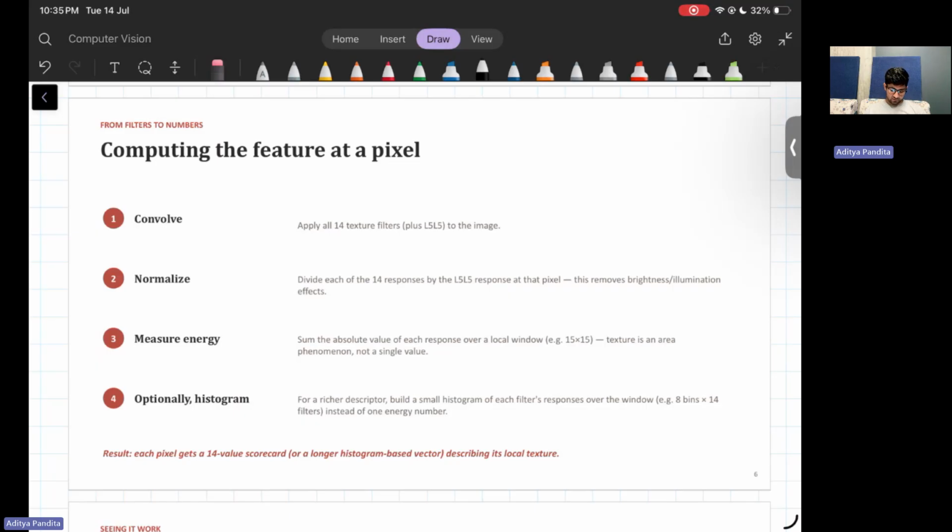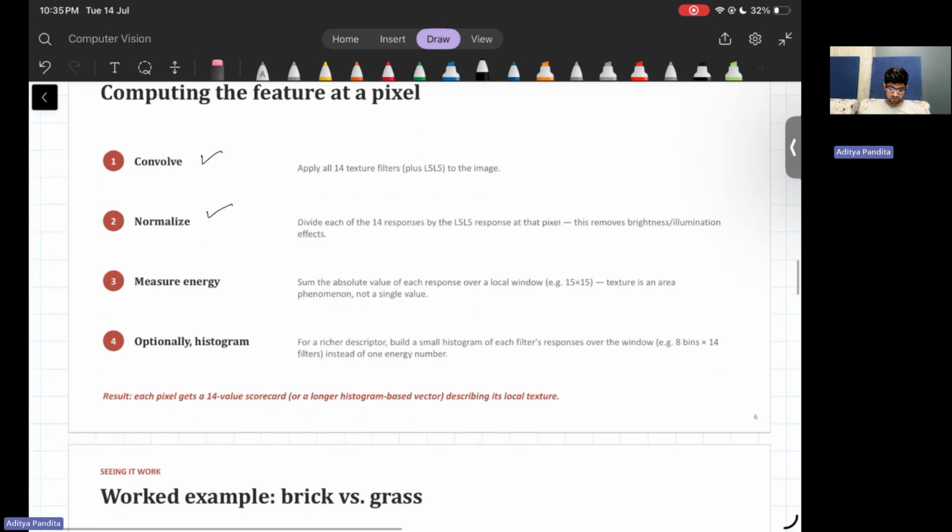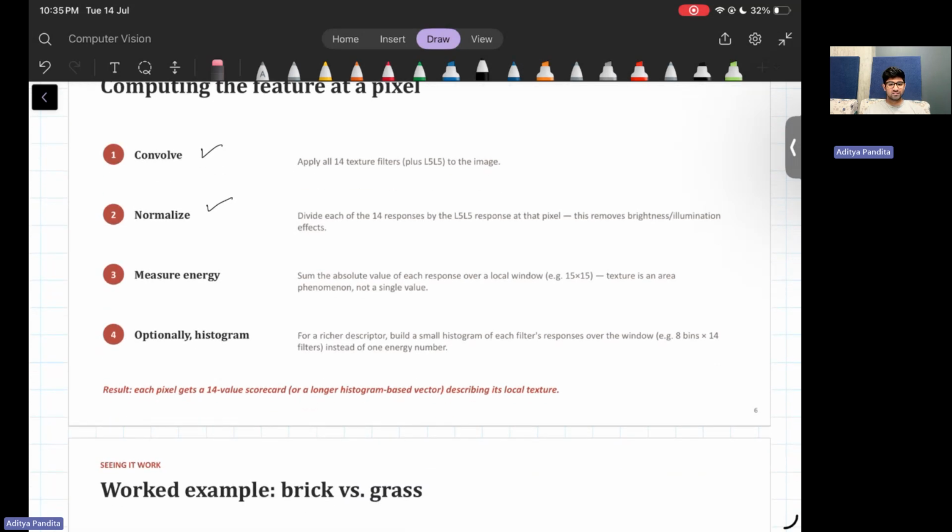Step three is measuring energy, that is, considering texture as an area phenomenon, not a single pixel. It sums the absolute value of the response over a local window, for example 15 cross 15 pixels, and generates a stable local energy value.